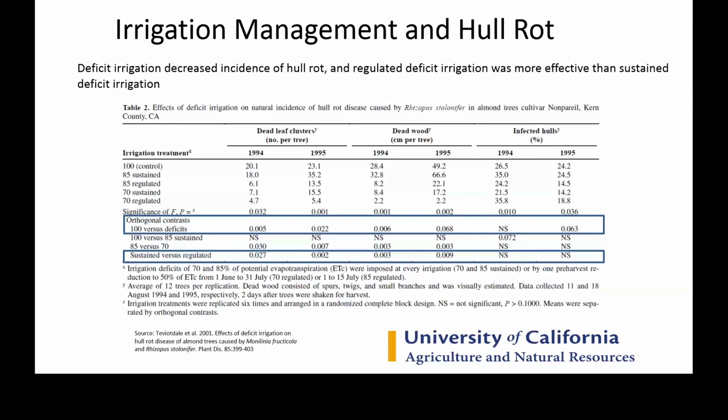So now we know how those different factors, whether it's nitrogen, deficit irrigation, the inoculum in the soil, or the varietal susceptibility, contribute to disease development or reduce disease development.